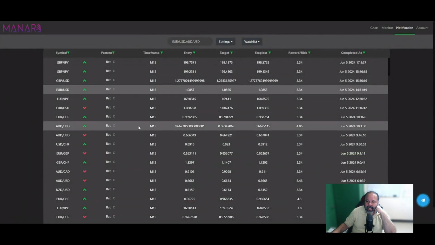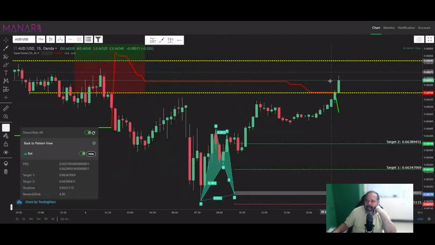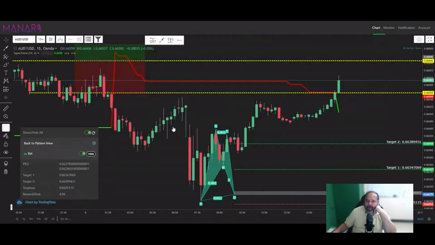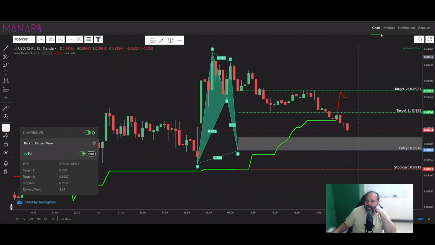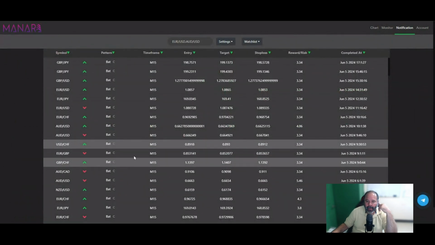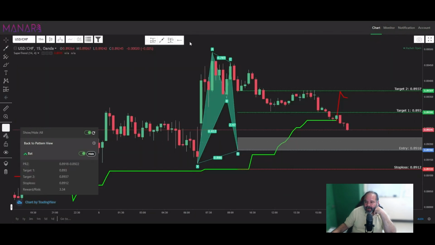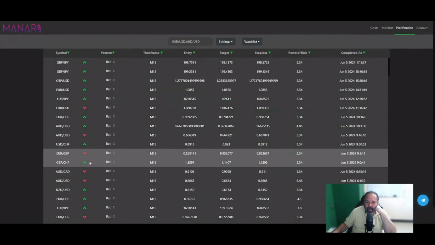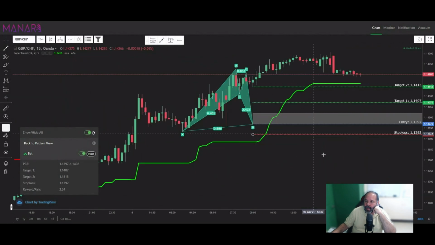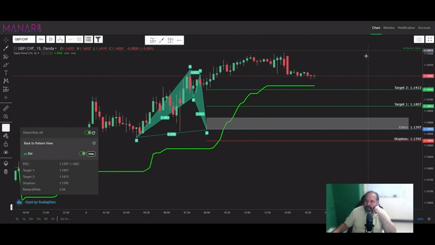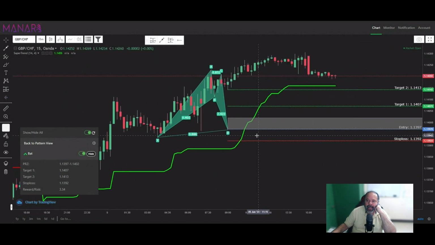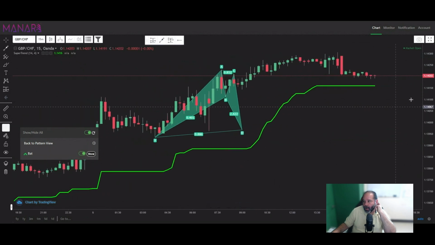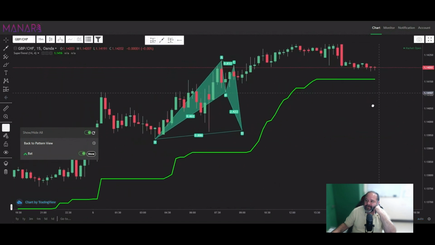That way it's easier for me to explain it, and then we can see different approaches. Let me find a nice trade right here. Okay, this could be one. Okay, so the chart is clean.